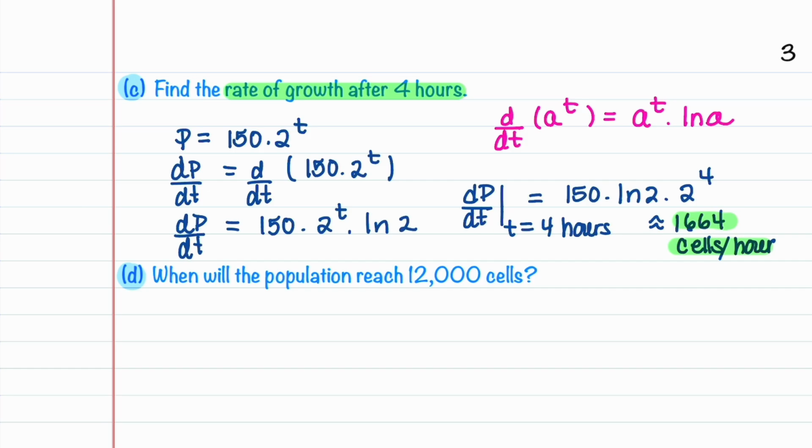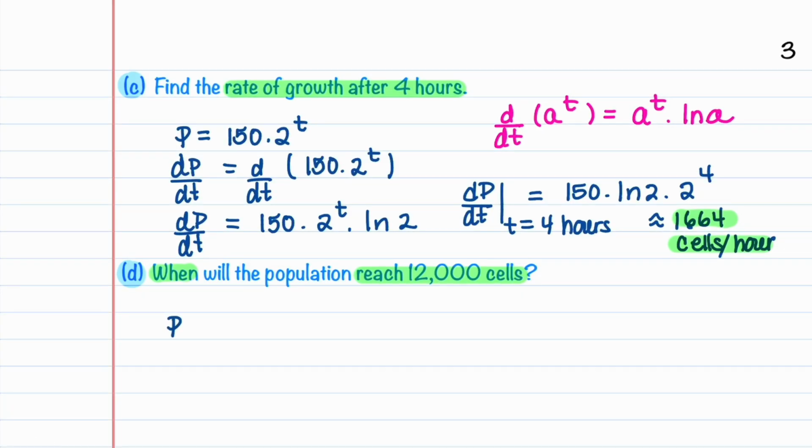For this part, we want to find when will the population reach 12,000 cells. Whenever you see the word when, that means we are going to be solving for time t. Our population of bacteria is 150 times 2 to the t, and we want to see when this is going to equal 12,000 cells.